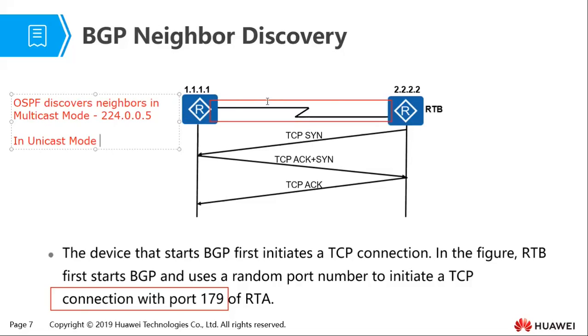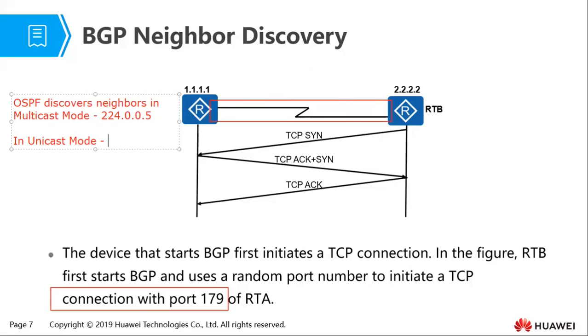meaning that it will send a packet, a hello packet, to a specific device on the internet. Because with BGP, we don't trust each other, so you must be knowing me for you to send a request to me.